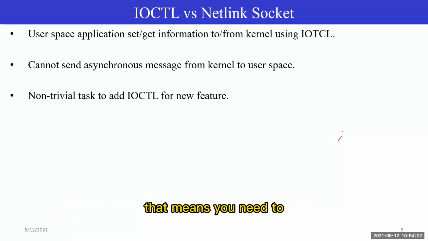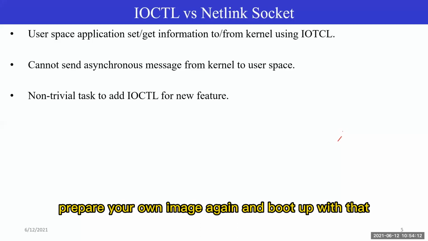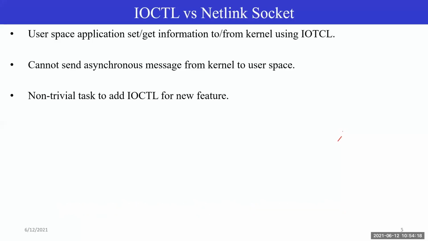That means you need to add that code in the kernel. Also, in order to get it supported, you need to recompile the kernel, prepare your own image again, and boot up the device with the new kernel image.